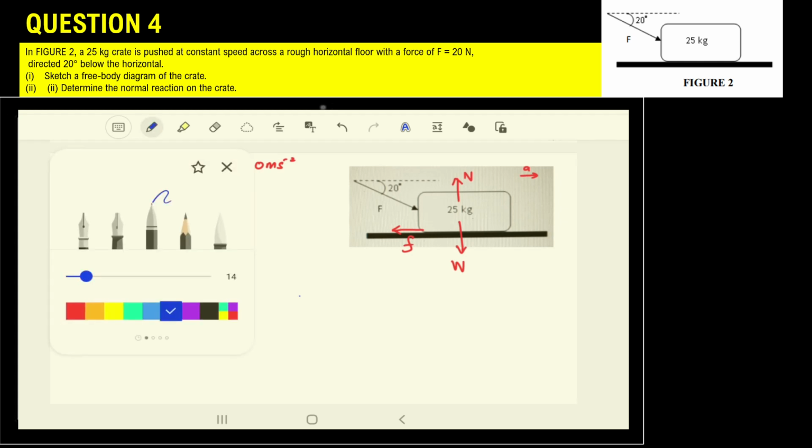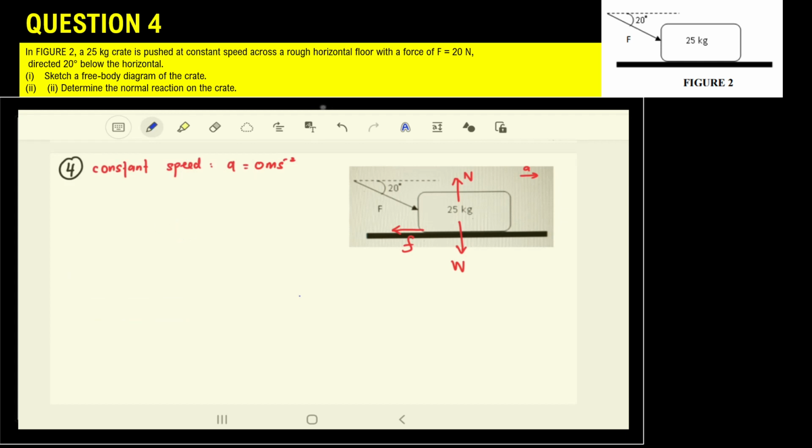Okay, good. Alright, now if we want to transfer all the forces into one free body diagram, let's sketch it. Question number 1: sketch a free body diagram of the crate. So we put a dot to represent the body. Then we have the x component and the y component. Now look at our diagram.